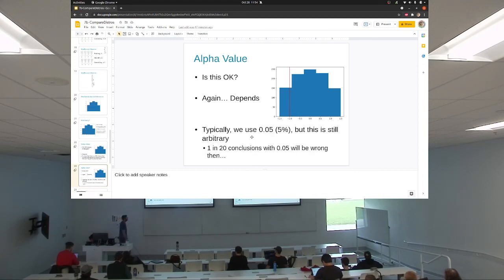Well, again, it depends. Typically, as per some arbitrary convention, we use 5%. If it's better than a 1 in 20 chance, it's significant. Which then means 1 out of 20 scientific conclusions is entirely bogus, but whatever. But 5% is the arbitrary cutoff that we typically use a lot of times.